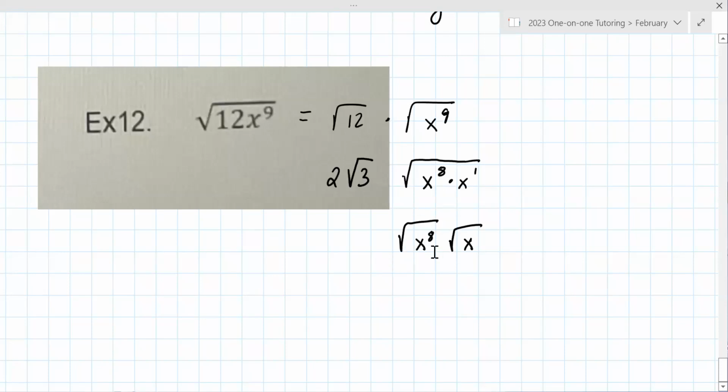What does the square root of x to the 8th become? This is what we were doing in the previous problem. It's x to the 4th.